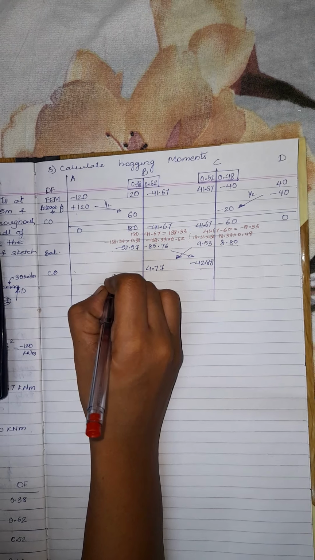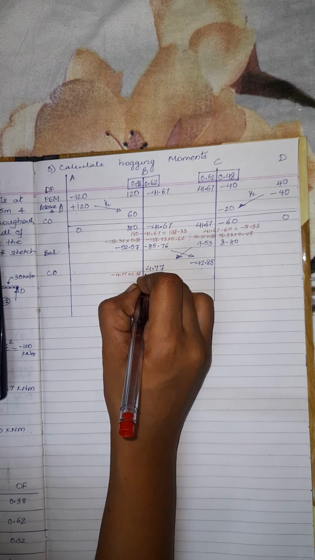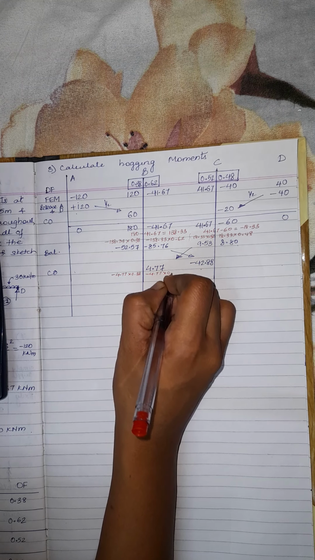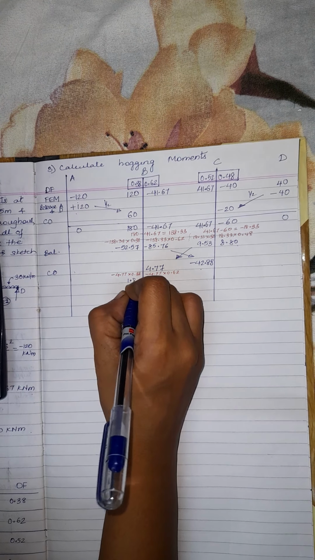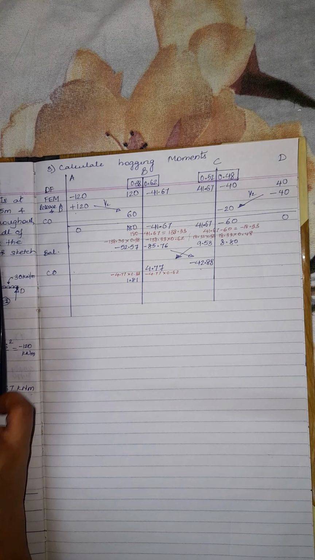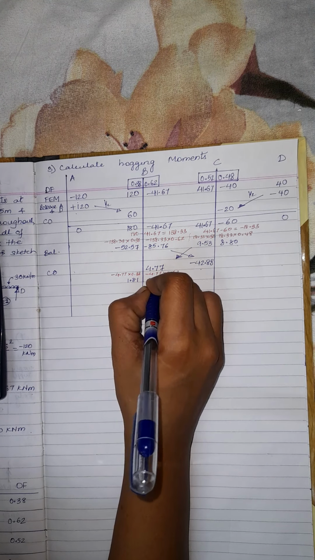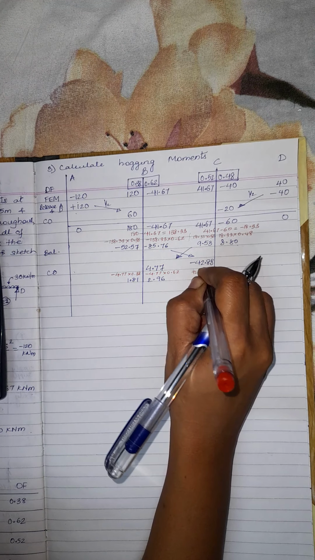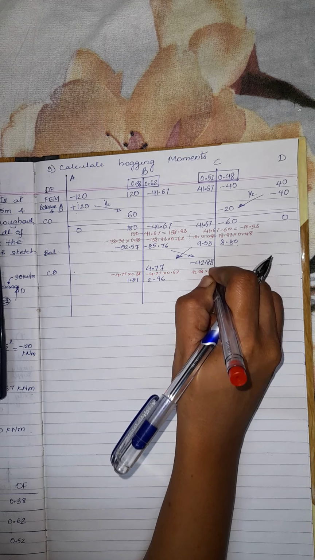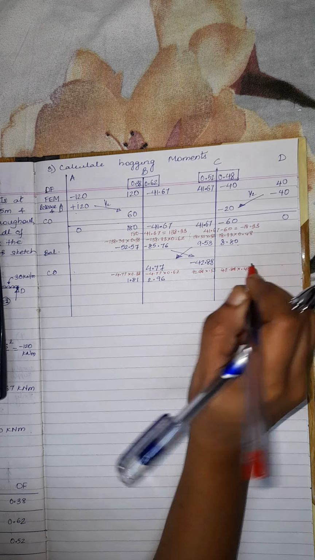Since this is positive, I am using minus 4.77 into 0.38 and minus 4.77 into 0.62. 4.77 into 0.38 is 1.81, and 4.77 into 0.62 is 2.96. Similarly, 42.88 into 0.52 and 42.88 into 0.48.